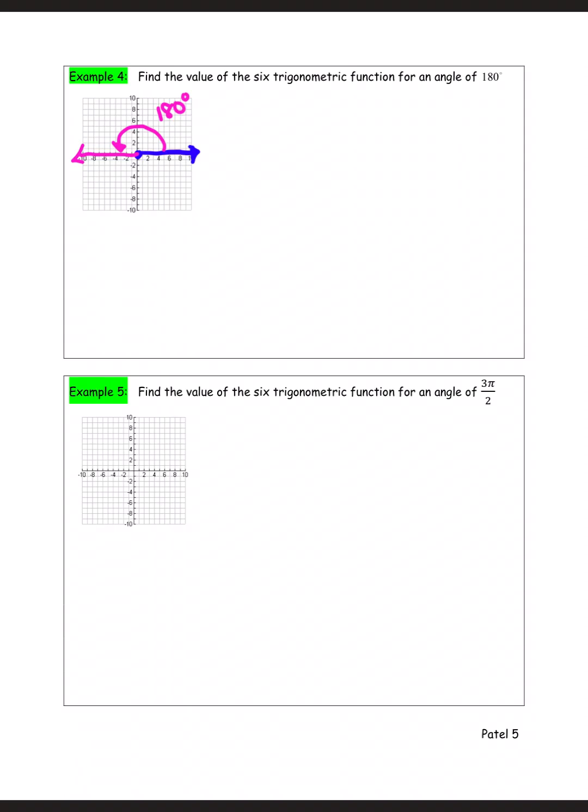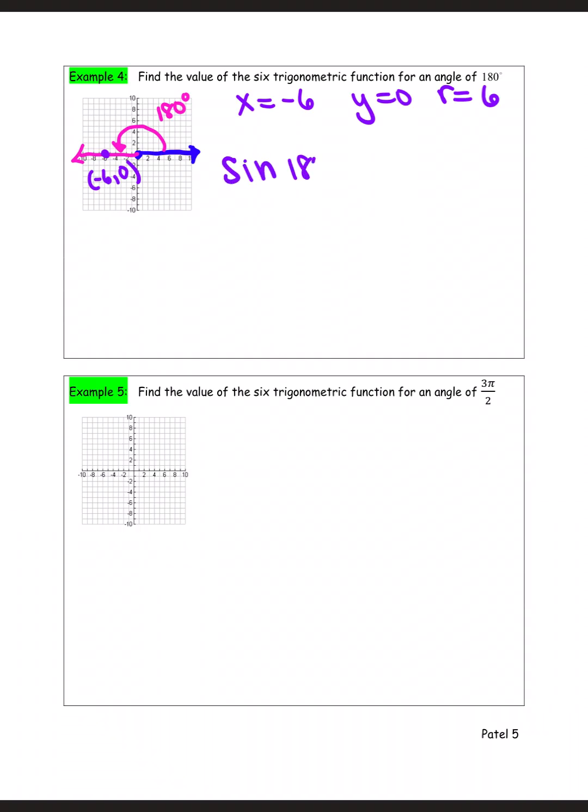So I'm just going to label right here, negative 6, 0. So from 0, 0 to negative 6, I know that x is negative 6, y is 0, and I know r is 6. Now, the easiest is to create the point to be just negative 1, 0, just one away. So then you don't have to worry about simplifying. But here I just picked negative 6, 0, and it works.